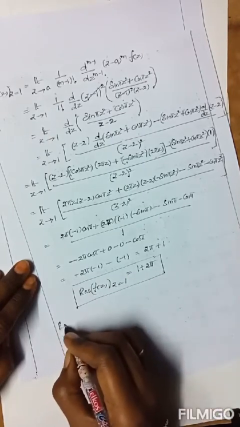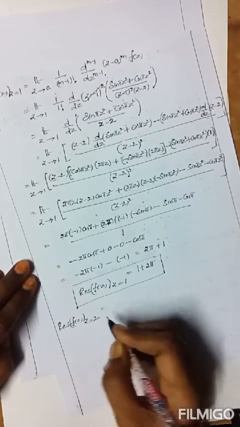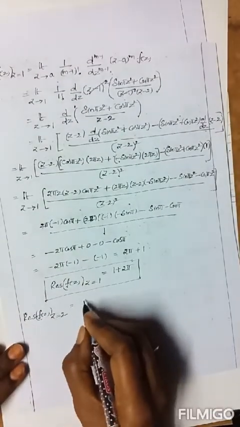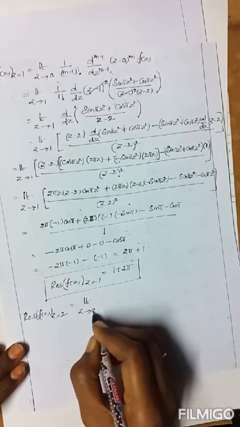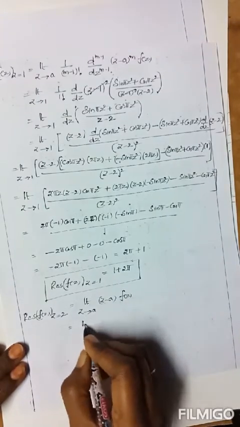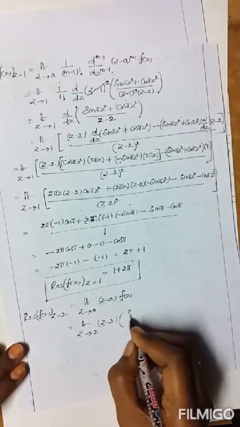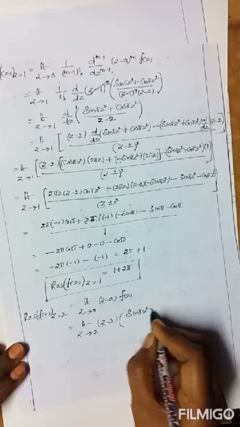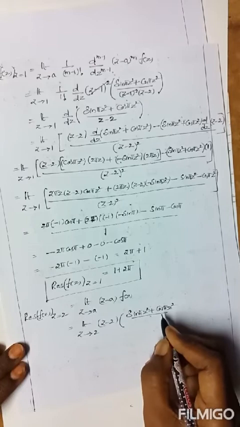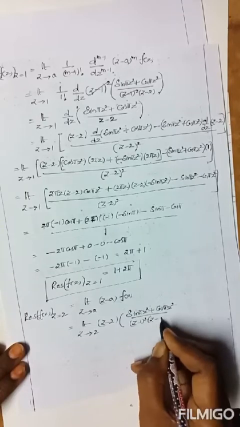Similarly, residue of f(z) at the second point, z equal to 2. Since 2 is a simple pole, the corresponding residue formula is limit of z tends to a of (z minus a) into f(z). Limit of z tends to 2, (z minus 2) times f(z), which is sin(pi z squared) plus cos(pi z squared) by (z minus 1) whole square into (z minus 2).